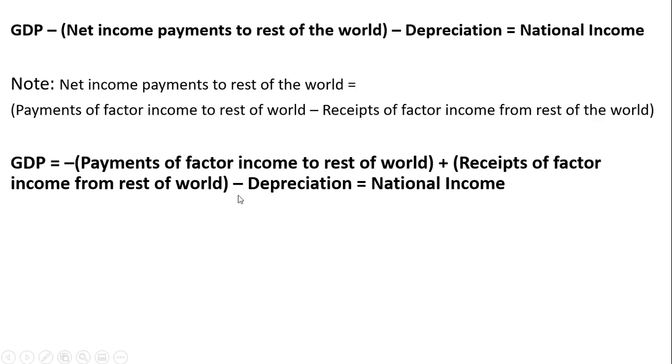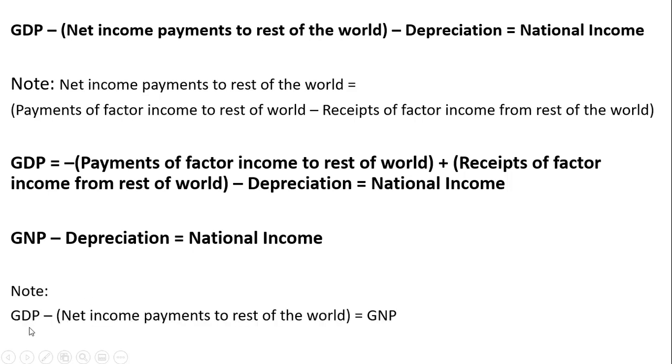And then again, subtracting out depreciation, we get national income. We'll do a numerical example at the end. And if we had GNP, we can go from GNP to national income by simply subtracting out depreciation. One thing to note, GDP minus net income payments to the rest of the world is GNP.